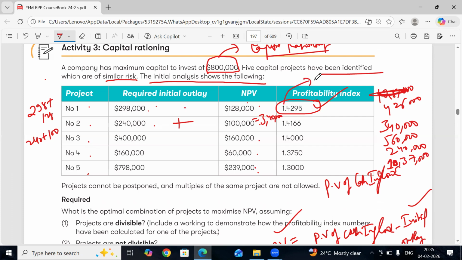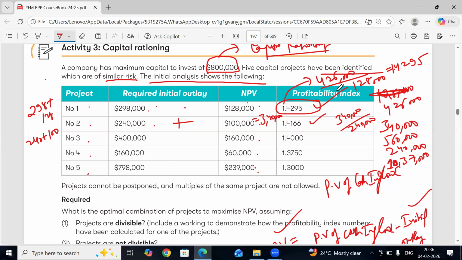So how do you get this? 3 lakh 40 by 2 lakh 40 is 1.4166. So this is done.